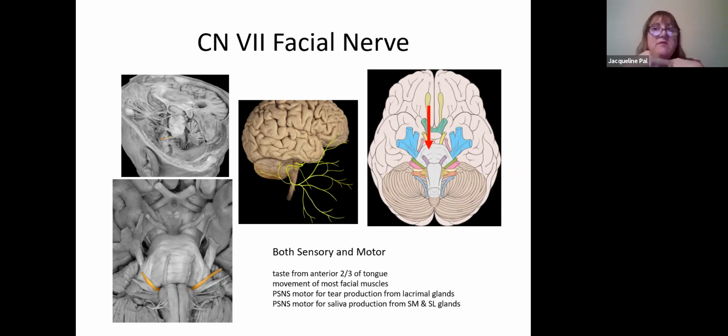In addition, all those muscles of facial expression that you have learned, they're all innervated by the facial nerve. So not the muscles of mastication, but the muscles of facial expression. And then the facial nerve is the 2nd of 4 nerves that has a parasympathetic component. And it does a lot with the parasympathetic nervous system. The first thing it does is it's responsible for tears coming from your lacrimal glands up here next to your eyeballs.